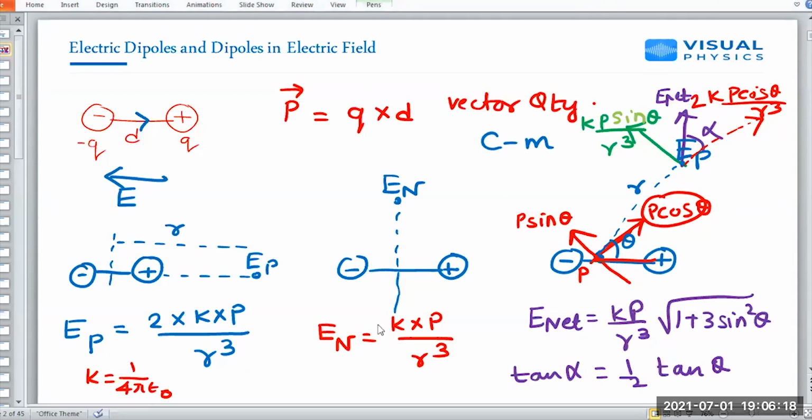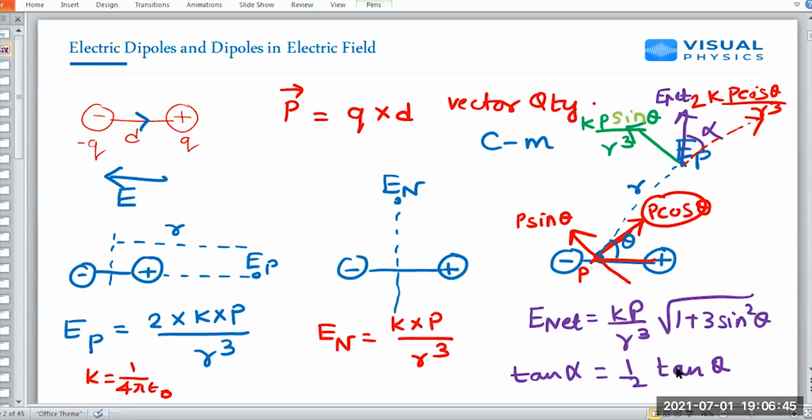So these three points you should know: on axial point, if I have to find electric field, it will be 2 K P by R cube. If on equatorial point, I have to find K P by R cube. But if any general point at distance r and making angle theta, then E net will be K P by R cube under root of 1 plus 3 cos square theta, and tan alpha, that is net electric field with the parallel component, is half of tan theta.